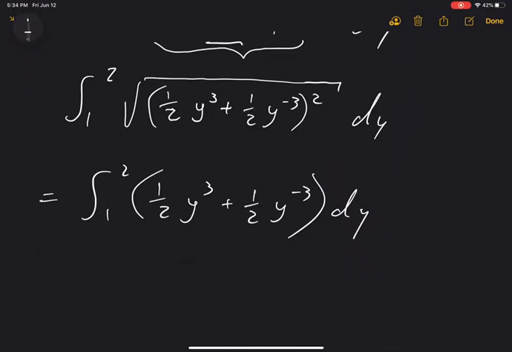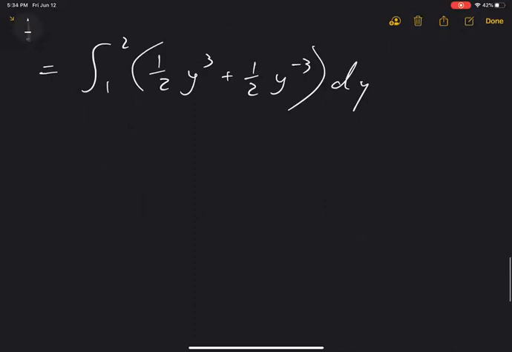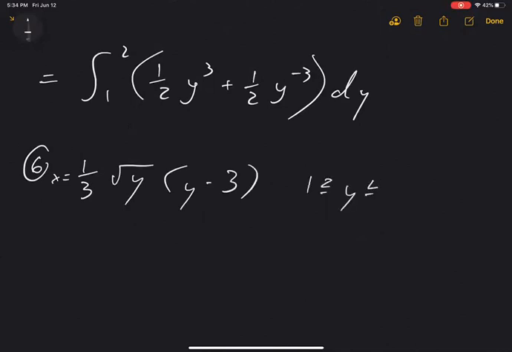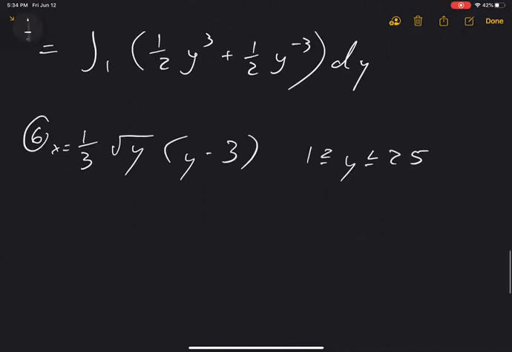Looking at 6, I don't see anything that would be too crazy for number 6. So number 6, I have x equals 1/3 times square root of y times y minus 3. I don't anticipate anything being too crazy about this.